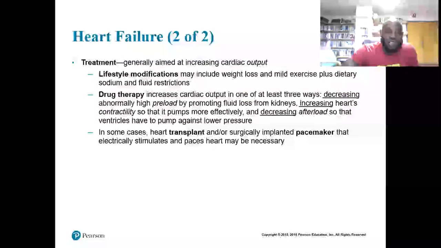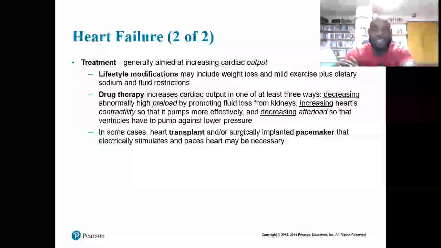Treatment usually includes lifestyle modifications: weight loss, exercise, eating right. Sometimes you need drug therapies. We're going to talk about the kidneys and how they can play a role. I'm sure everybody's heard of dialysis, and you have these dialysis centers all over the place.